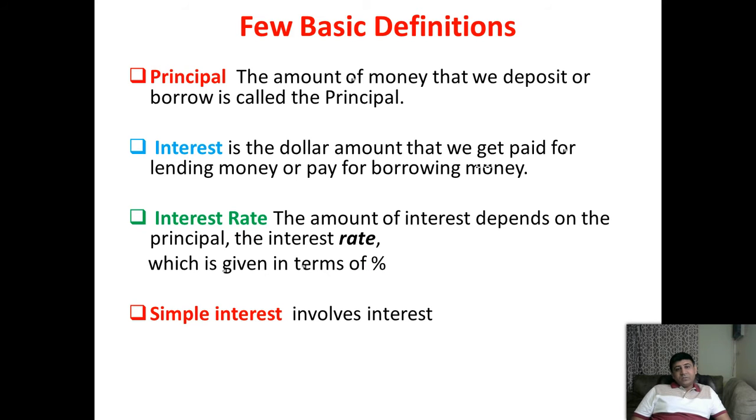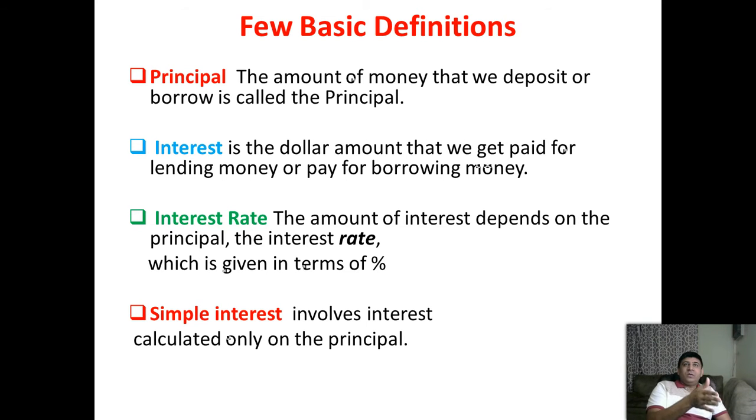And in this section we'll talk about simple interest. Simple interest is basically calculated only using the original amount. For example, if you invest 1000 for 10 years, after 1 year it will become, let's say, 1100, but you do not calculate on 1100.